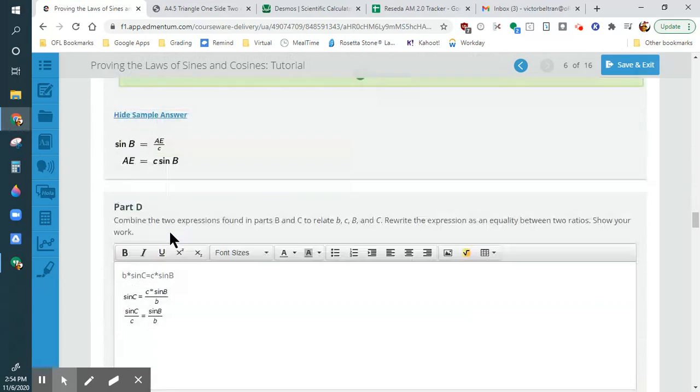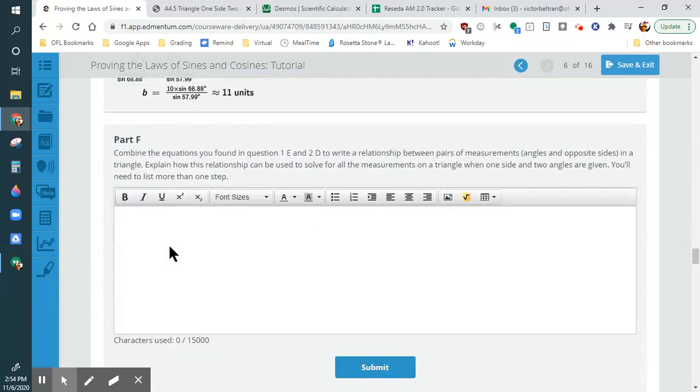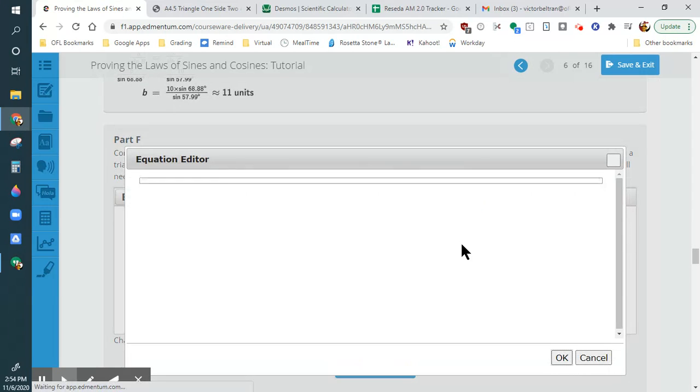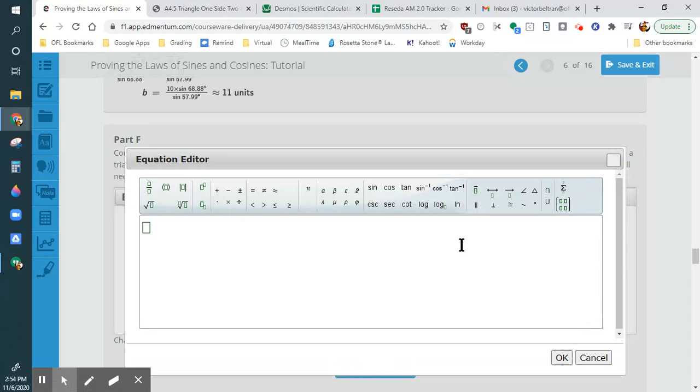So we end up getting this expression when we combine them that states sine of big C over little c equals sine of big B over little b.